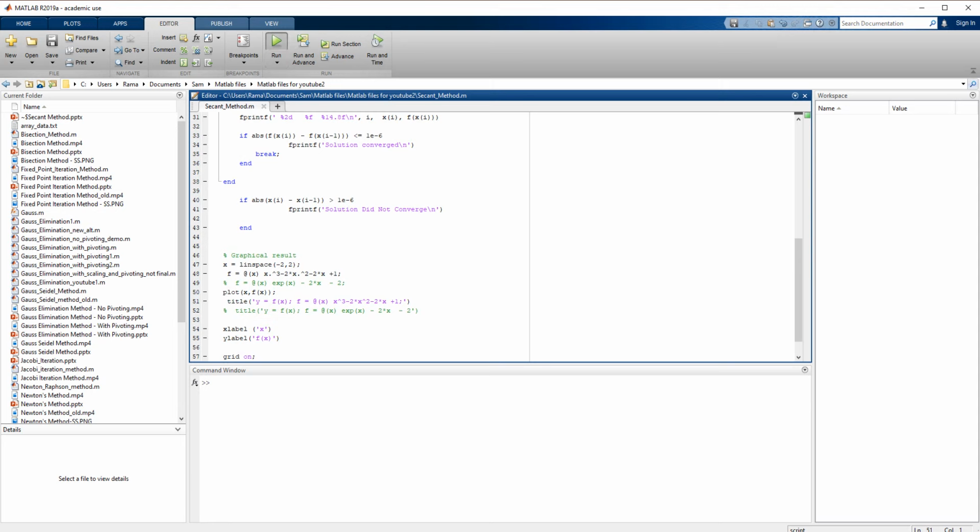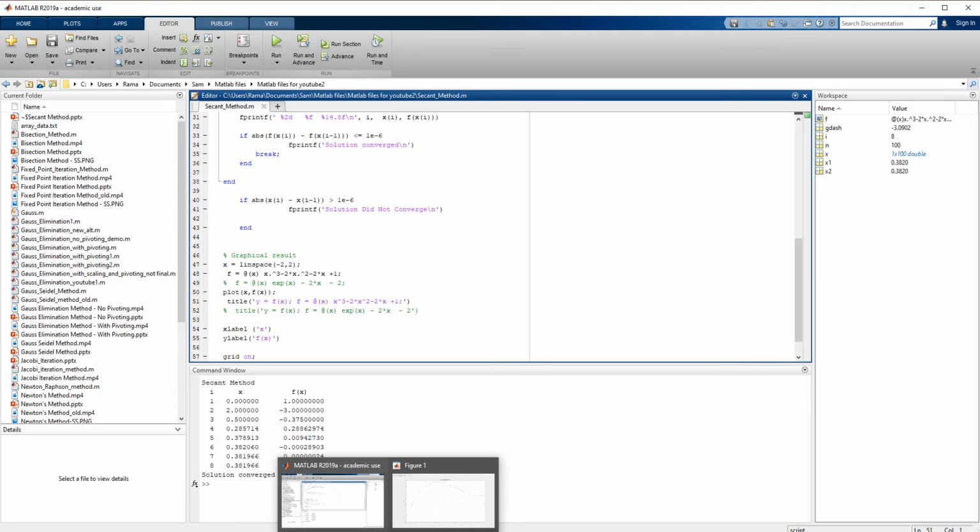We run this, and it takes about 8 iterations to solve this problem, and the final solution came out as 0.381966, and at this value f of x is almost 0. We can look at it graphically.